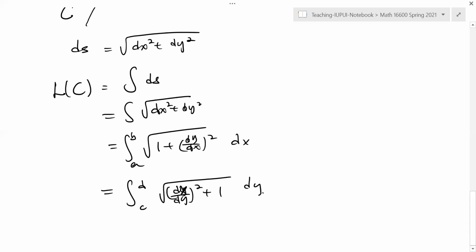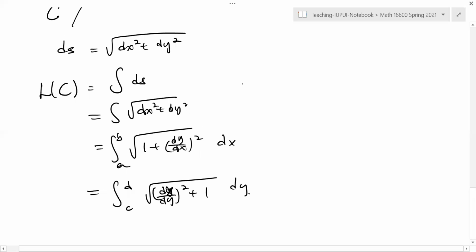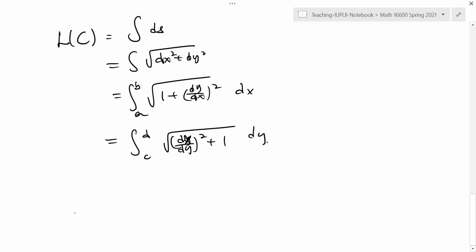Later on, maybe we can describe the curve using parametric equations. In that case, here's a curve, right? You can also view this point as a moving object in space. So x is going to be x of t, y equals y of t, right?